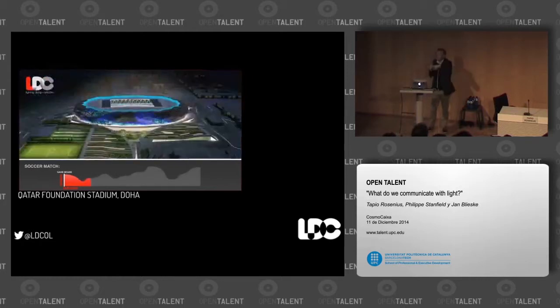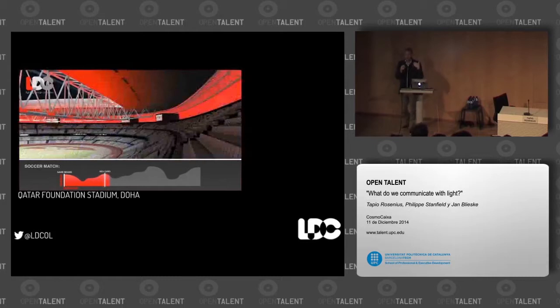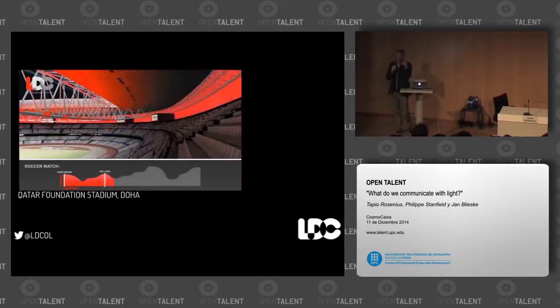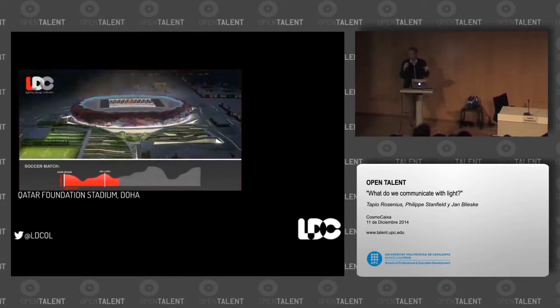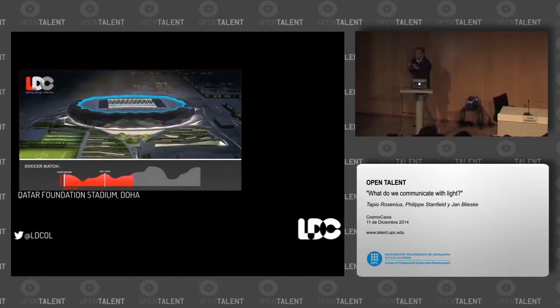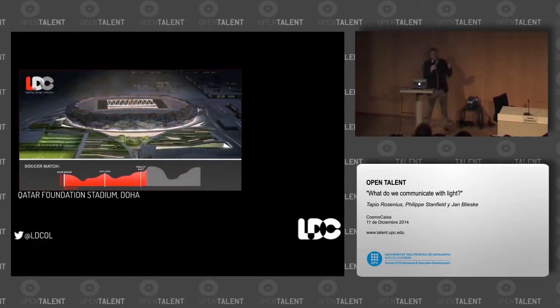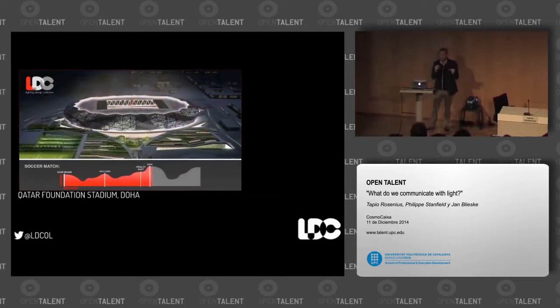So now, for example, the guys with the blue shirts are attacking from right to left, and so it's in real time, all the time, in an abstracted way, communicating what's going on inside. Now somebody got a red card, the entire Doha will certainly know that. And so it goes. Because no football match can possibly ever be the same, by default, this thing will end up looking different every single time there's a match.